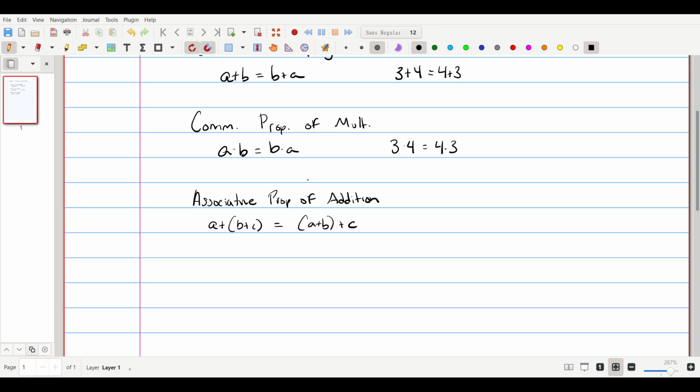Basically this is telling you that even if something is in parentheses, if everything is addition, it doesn't matter whether you add the second and third thing together first and then add the first thing, or you add the first and second thing together and then the third thing. You're going to get the same value.